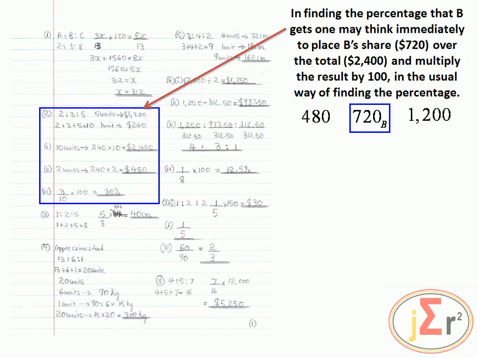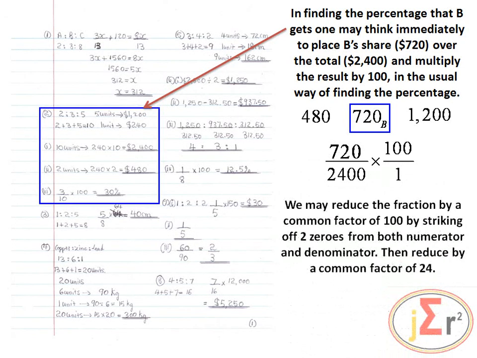And that is done in the usual way of finding the percentage. The amount spoken about over the total amount and multiply by 100. That's all. And then, if anything, we may reduce the fraction.